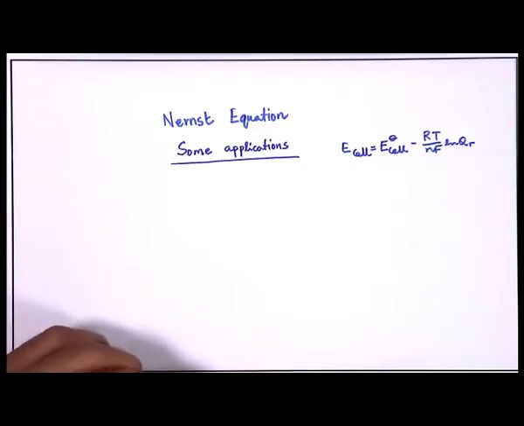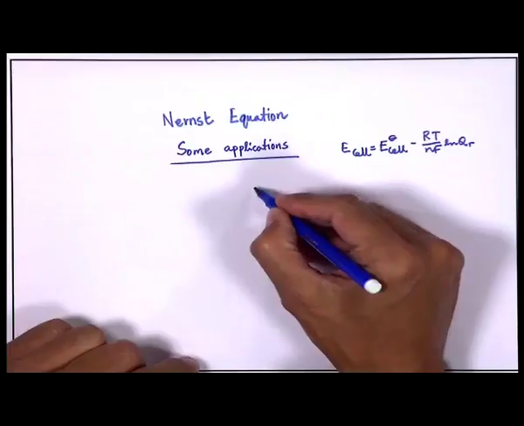Now, let us first have a look at solubility, whether we can find out the solubility and solubility product of a sparingly soluble salt like silver chloride.